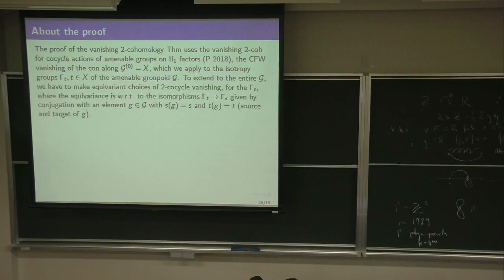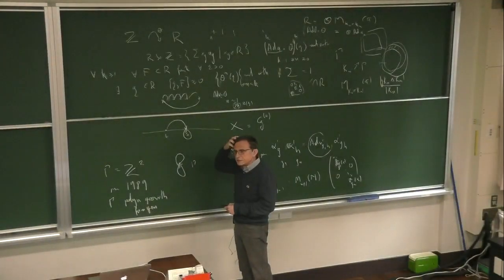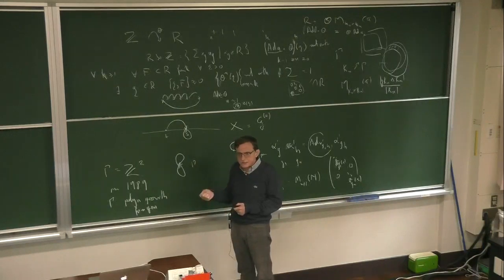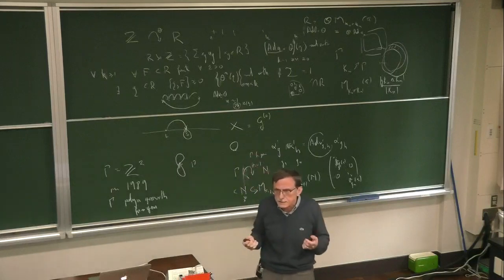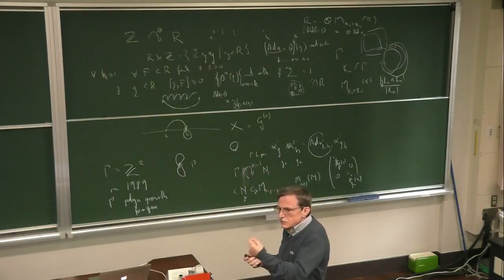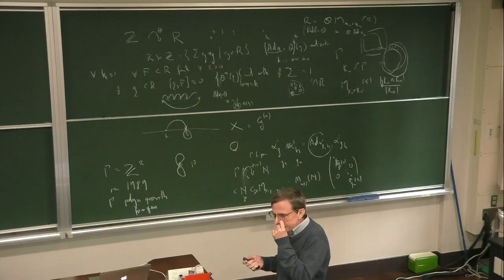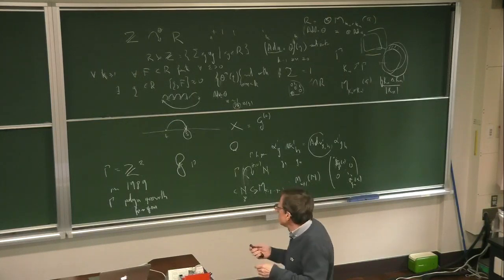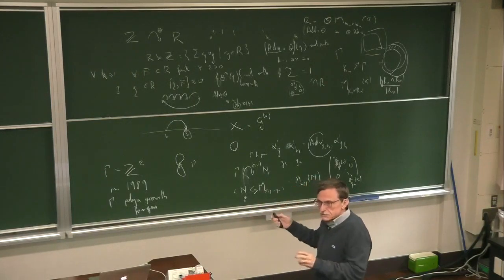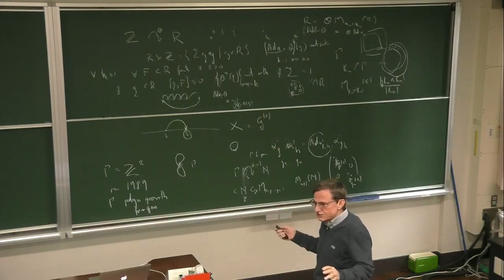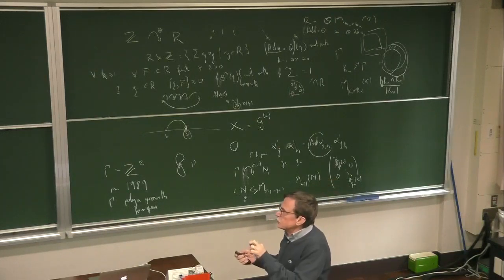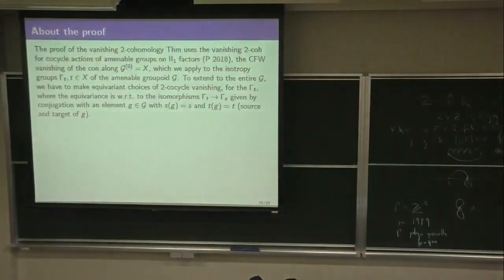Intuitively, you vanish it this way, and you vanish it at each point, you cancel it. But of course, this is a measurable choice, and you have a big problem there. It's not like you cancel the cohomology at each point and that's that. Along this line it's fine, because with Connes-Feldman-Weiss you do it measurably, but doing it at each point certainly doesn't work.